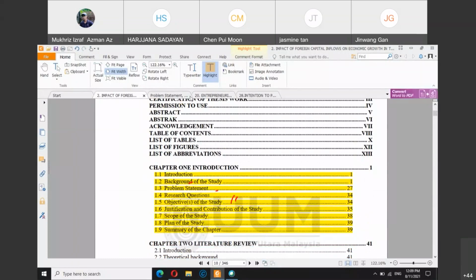Now there is one important thing that you need to take note of. How do you know what question to ask? This is based on your reading lah, of the thesis that you are referring to, and also the information you get from other papers and journals. When you want to do a particular topic, what are the common research questions that students will ask in the thesis?